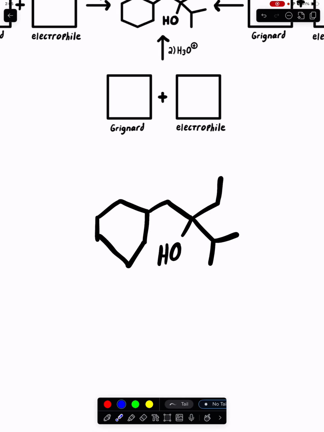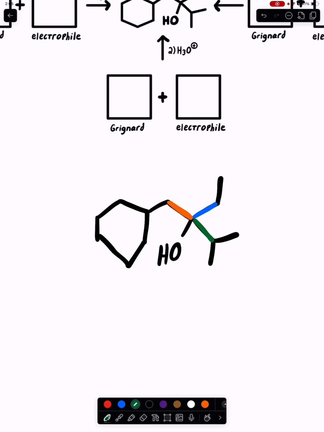So either this blue bond here, I'm going to draw a blue bond, is the new carbon-carbon bond, or this orange bond is the new bond, or this green one could also be the new carbon-carbon bond. One of those carbons came in and reduced that ketone. So we can take this apart 3 different ways.